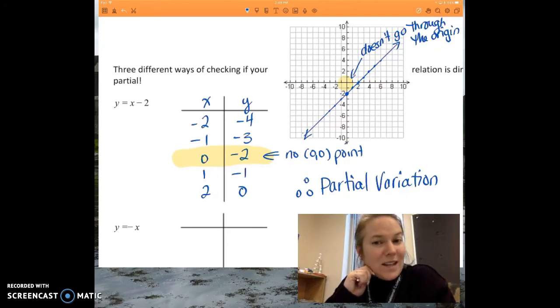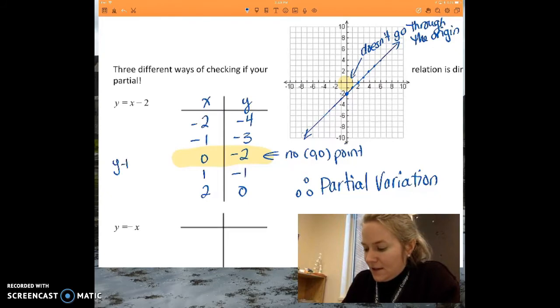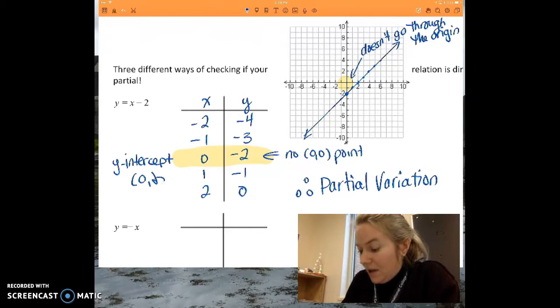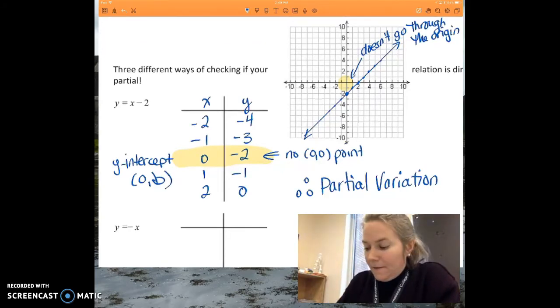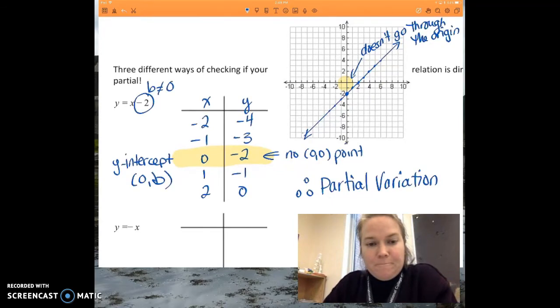So what point is that? That's the y-intercept. The y-intercept is b, remember? So b does not equal 0. That's the other clue.